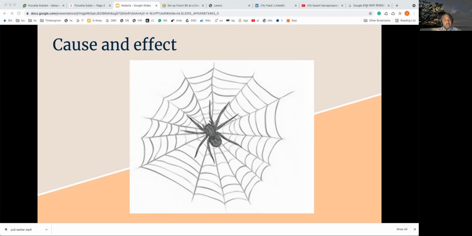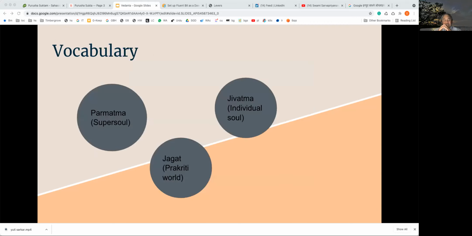Similarly, these core concepts that we discussed will be used in different terms. So we need to get acquainted with the vocabulary. So what is the vocabulary here? The energy that is responsible for creation is called Paramatma.